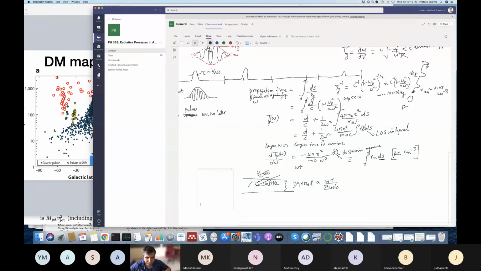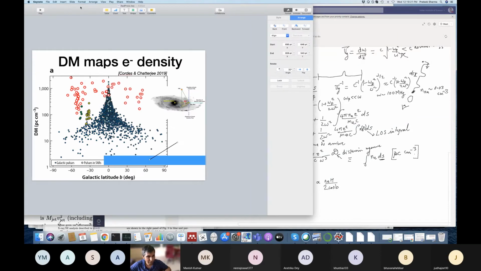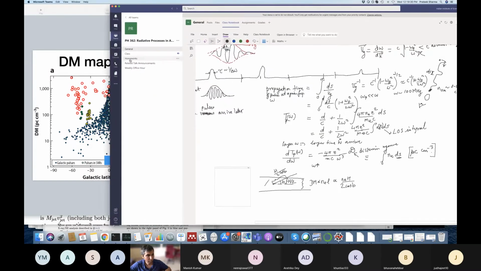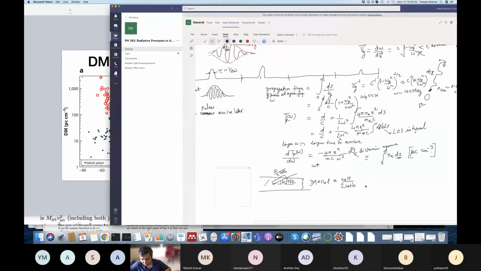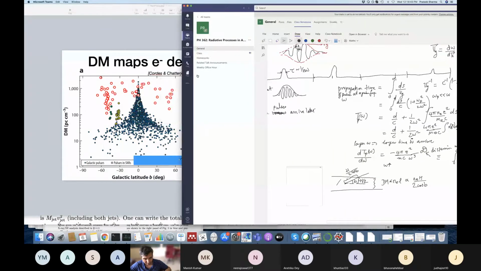Can someone tell me what this mathematical function is as a function of b? This envelope would correspond to pulsars which are at the edge of the ISM or beyond it.